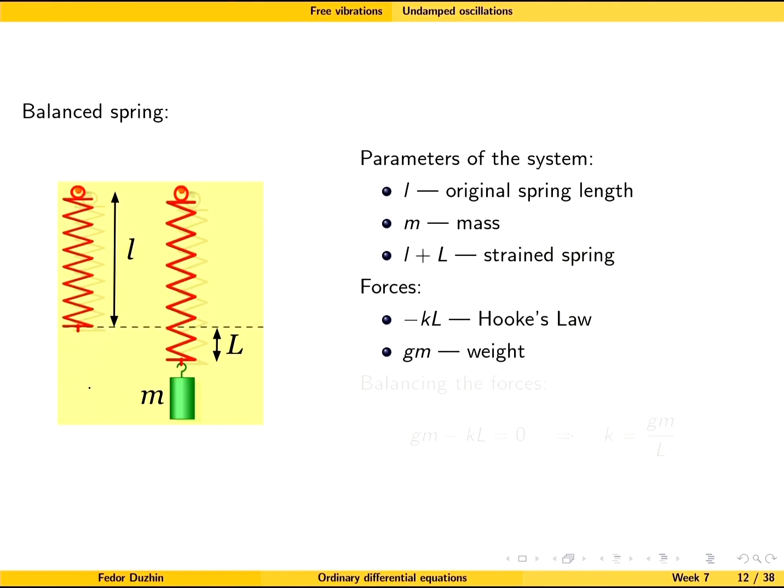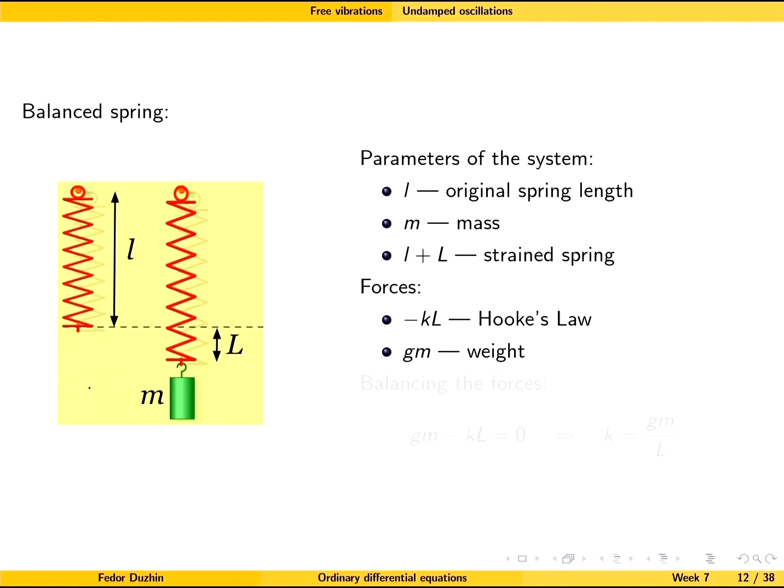and balancing the forces, meaning that if the object is not moving, then according to Newton's first law of motion, all the forces that act on the object are balanced, right?